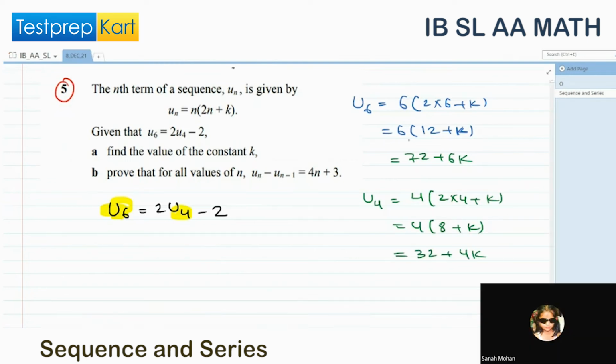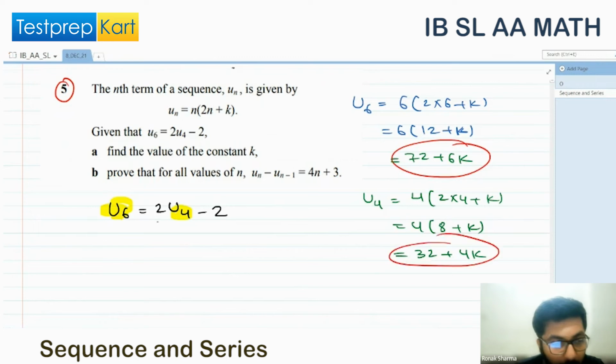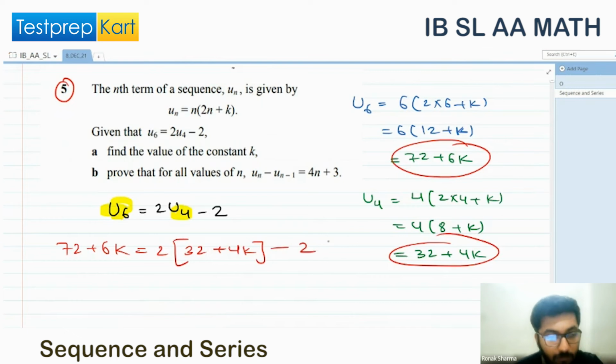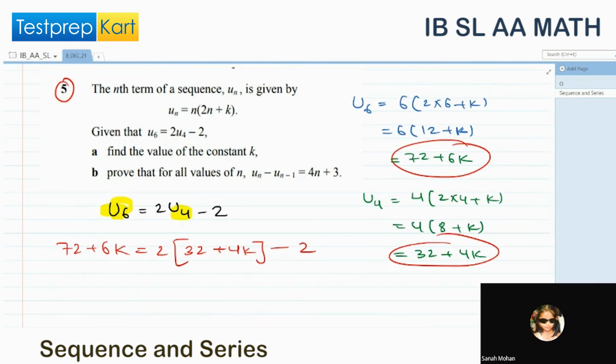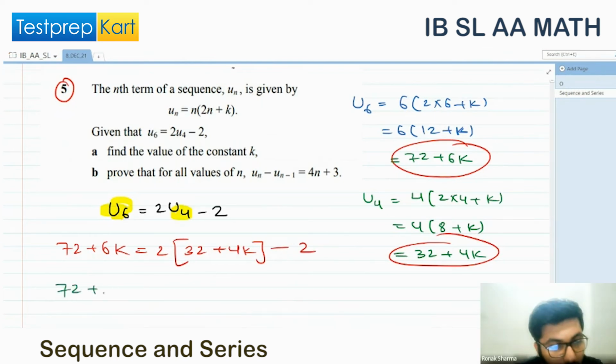Now let us put them here. So u6, that is 72 plus 6k, equals 2 times what is u4? 32 plus 4k, right? Minus 2. So 72 plus 6k equals 64 plus 8k minus 2. Solve it.